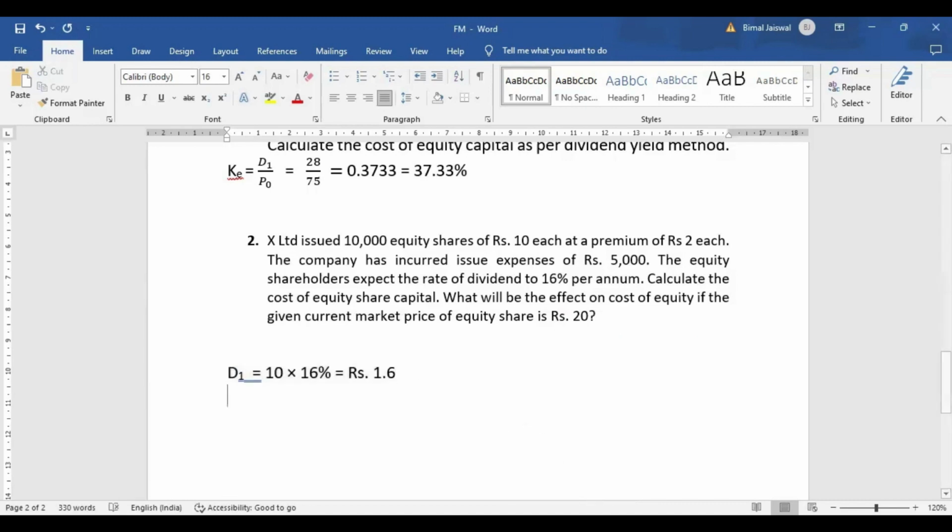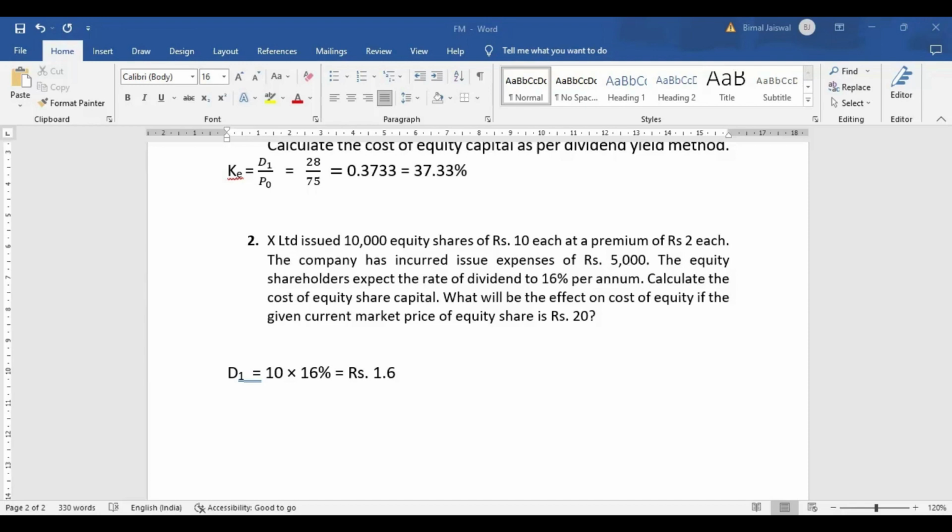Now, if we look at the other information, the net proceeds: 10,000 equity shares at the rate of rupees 2 as premium. That makes 12 rupees. So 10,000 multiplied by 12 rupees, and 5,000 is the expenses. I am trying to calculate the net proceeds per share, that is, the amount per equity share.